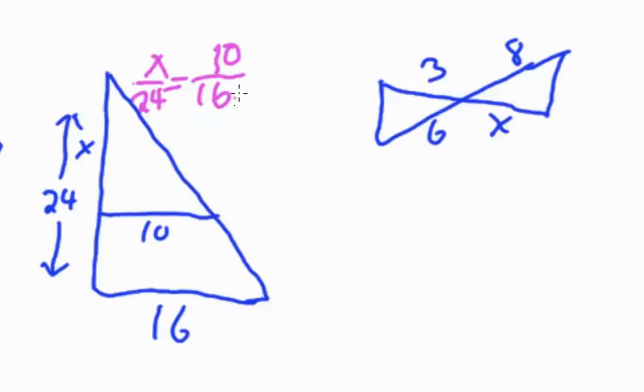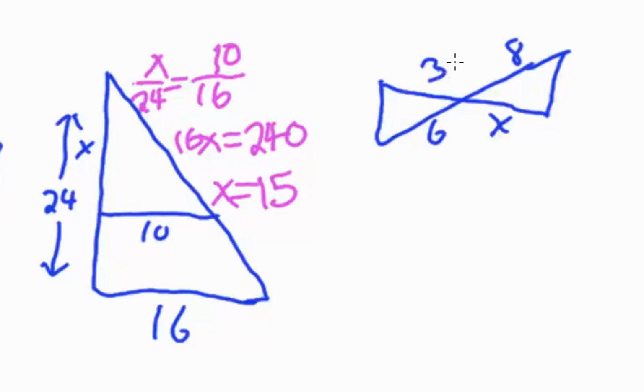Again, small side triangle over the big side of the triangle. From here, I can cross multiply. 16x equals 240. And as I divide both sides by 16, I get an answer of x equals 15.